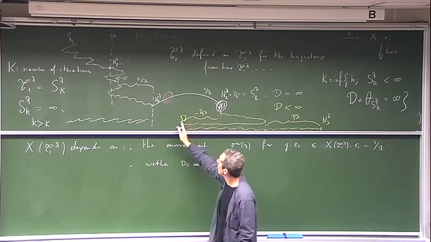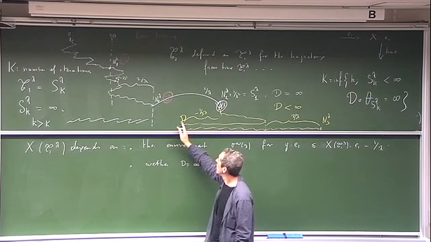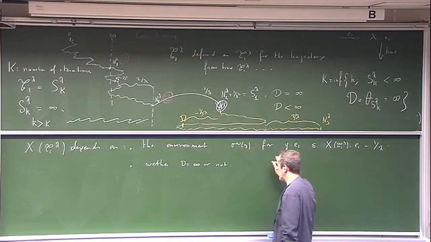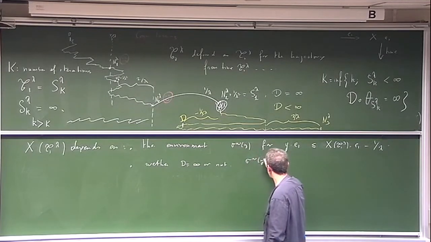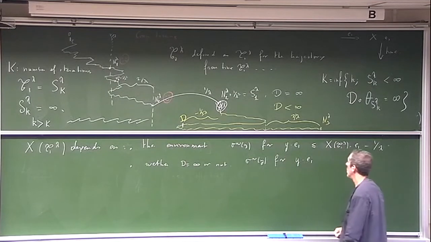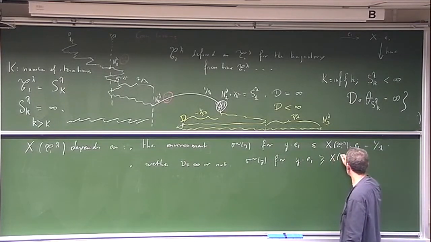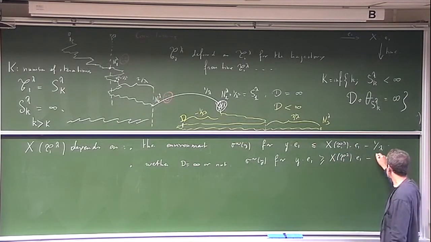But once you've reached this hyperplane, then you know that d is finite. So in terms of the environment, it depends on sigma omega of y, but now for y's such that y dot e1 is larger than the current position minus 1 over 3 lambda.